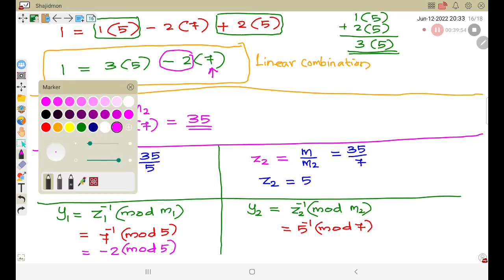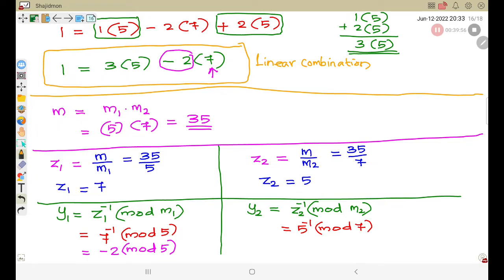Minus 2 mod 5 means what is the number? As I told you, add minus 2 plus 5, correct? Minus 2 plus 5 means 3. So y1 number is 3. I hope you understood how to calculate y1 number.